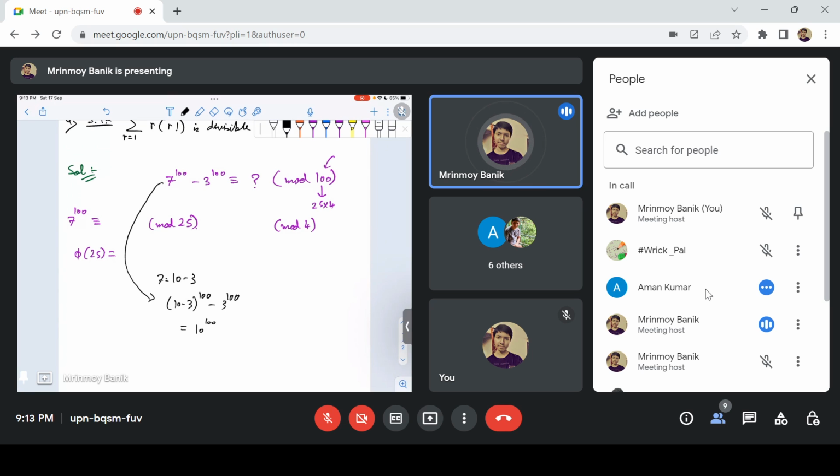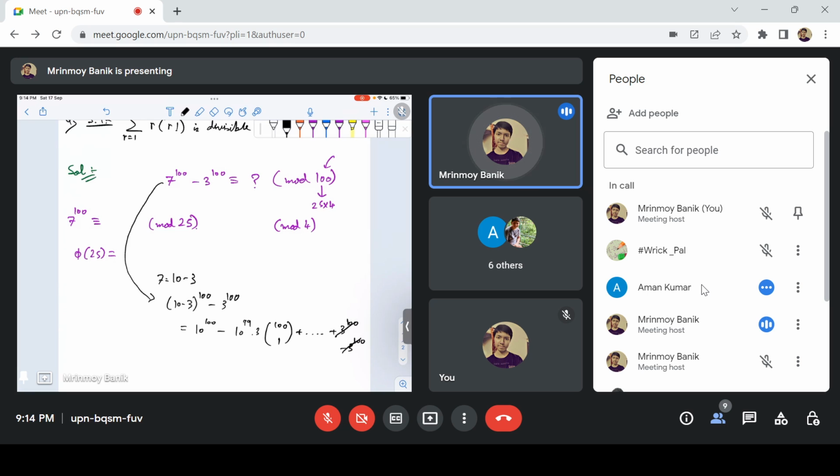So it's like 10^100 minus 100 times 10^99 times 3, and so on, up till plus 3^100, then minus 3^100.